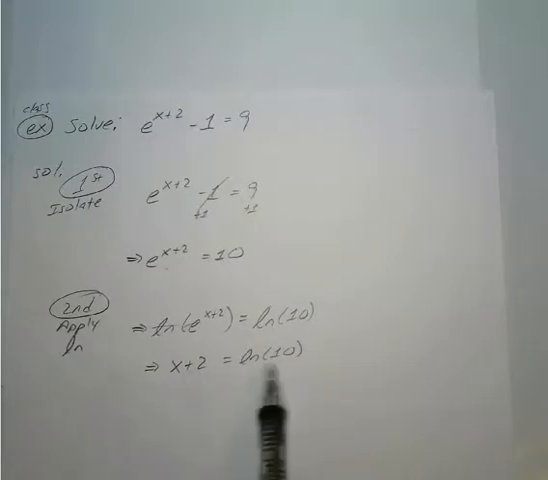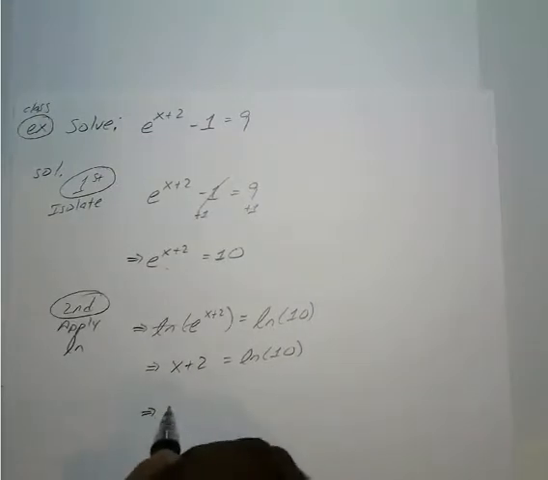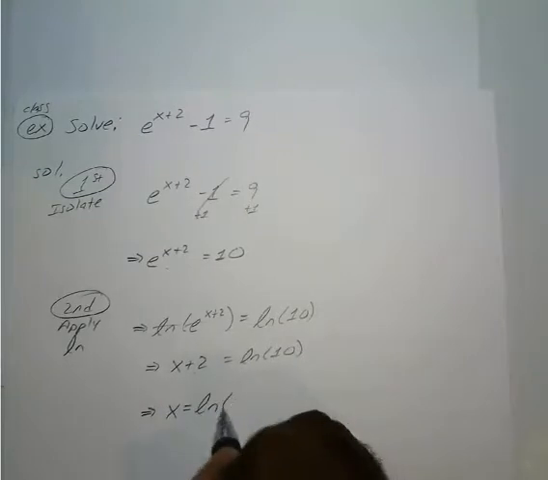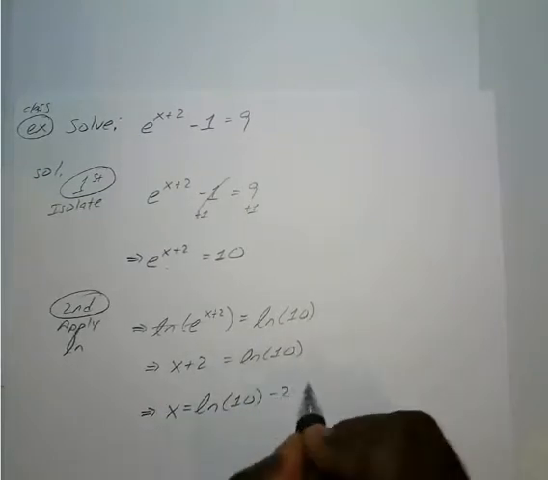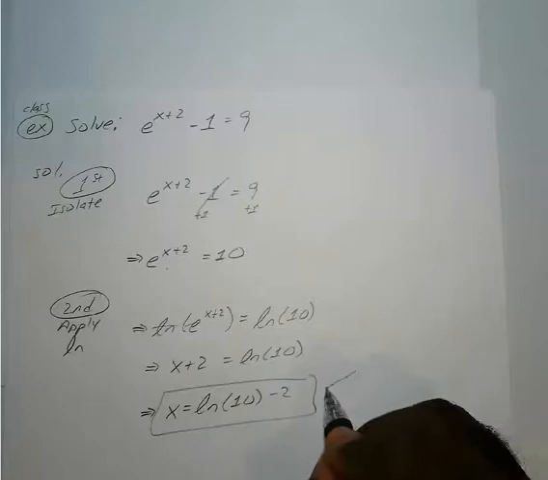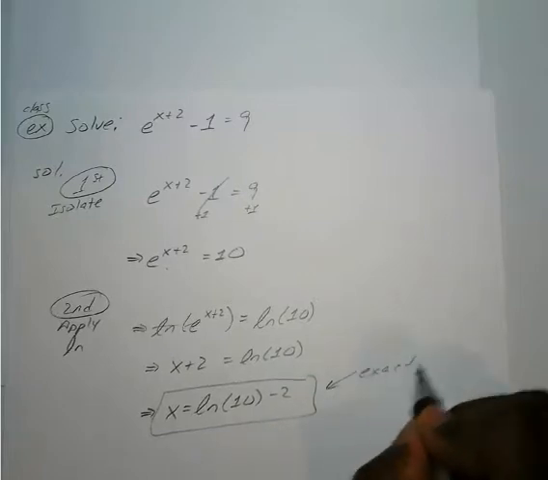Okay, so if we subtract 2 from both sides, we have x equals natural log of 10 minus 2 as your exact answer.